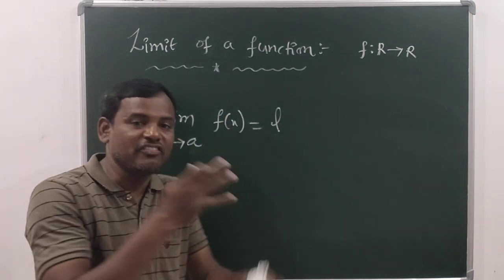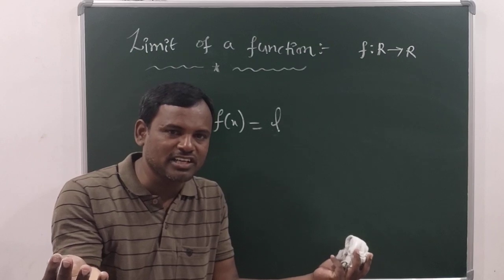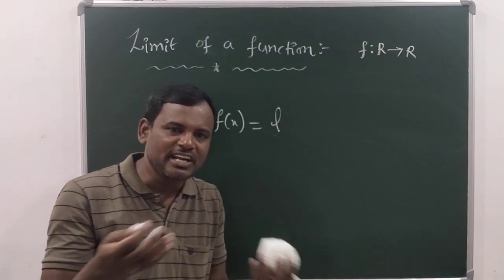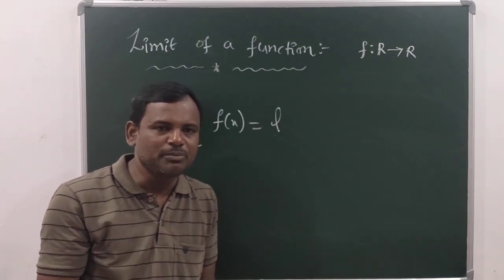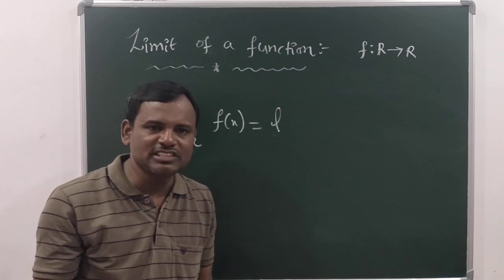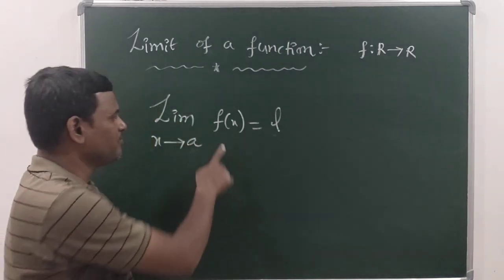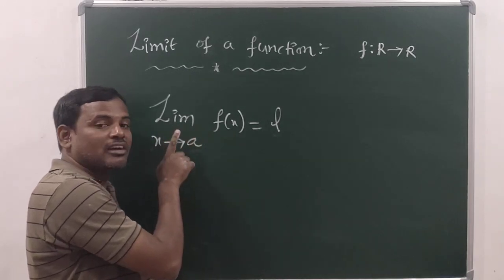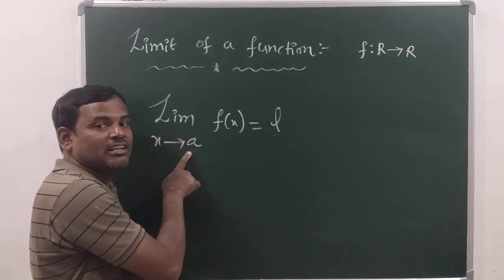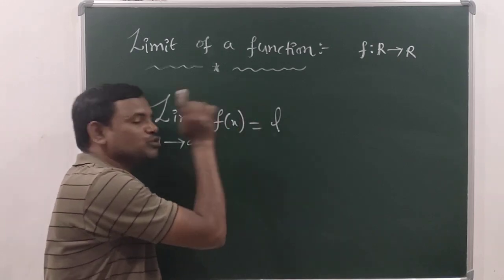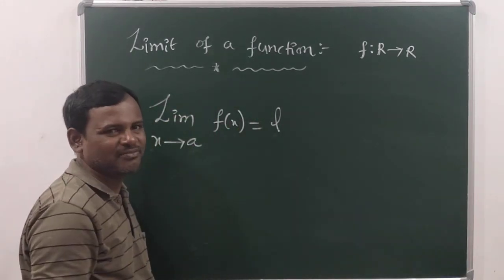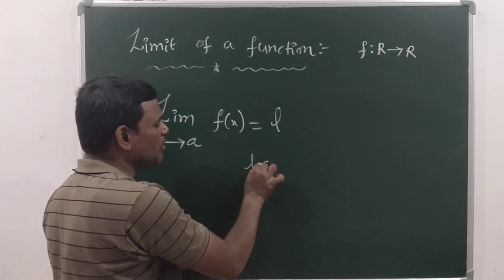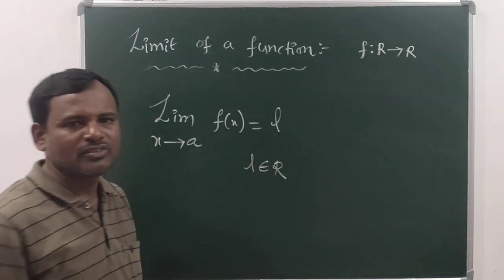This function can be any function: logarithmic, exponential, trigonometric, algebraic, inverse function, whatever it may be. So when x approaches a, the range of this function approaches L, but not L, where L also belongs to the real numbers.